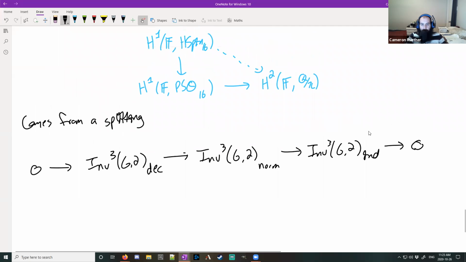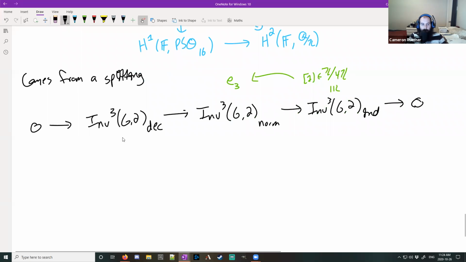And so in this case, they found this is isomorphic to Z mod 4Z, and they took the element 1 and found a suitable preimage, and it ended up being an invariant called E3. And this invariant E3, they used a map from HSpin 16 into E8.